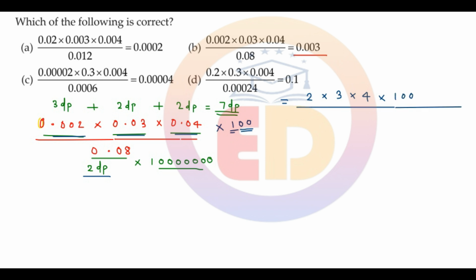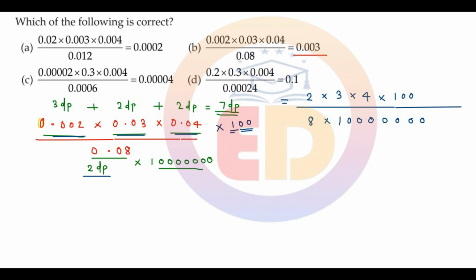Now for the denominator, 0.08 will become 8, multiplied by 1 followed by zeros, 1 2 3 4 5 6.